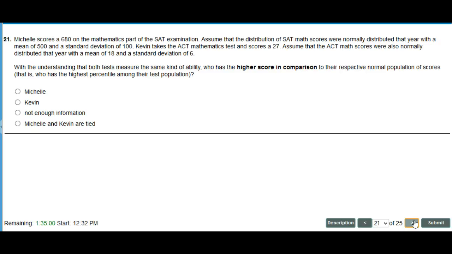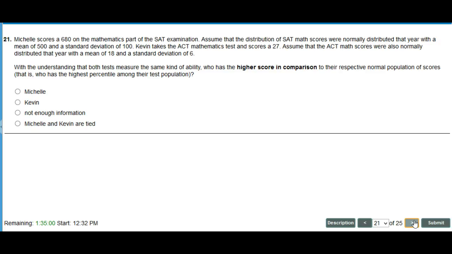Kevin takes the ACT mathematics test and scores a 27. Assume that the ACT math scores were also normally distributed that year with a mean of 18 and a standard deviation of 6. With the understanding that both tests measure the same kind of ability, who has a higher score in comparison to their relative normal population of scores?